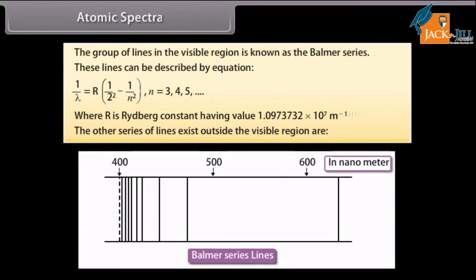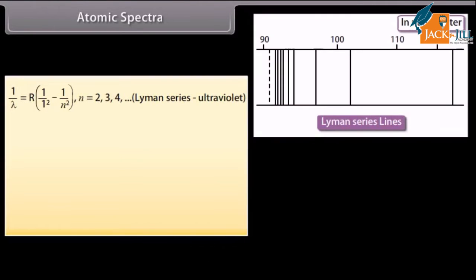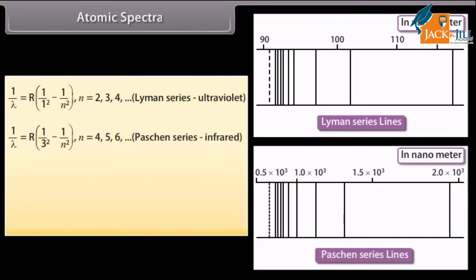The other series of lines that exist outside the visible region are the Lyman series, which is given by 1/λ equals R(1/1² − 1/n²). Here the value of n may be 2, 3, 4, 5 and so on. Paschen series, which is given by 1/λ equals R(1/3² − 1/n²). Here the value of n may be 4, 5, 6, 7 and so on.